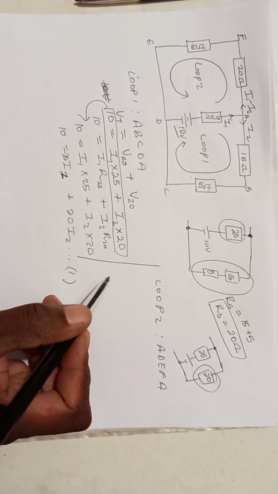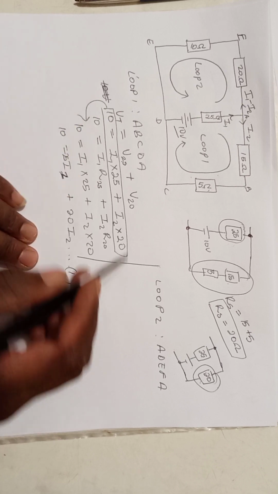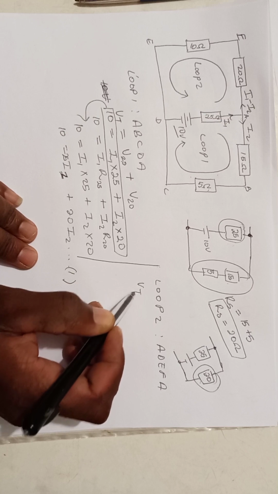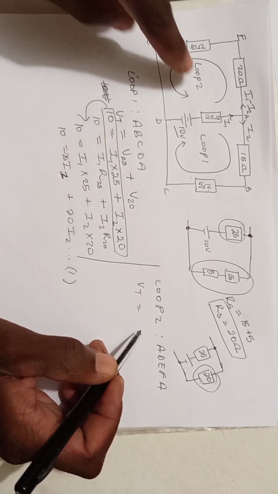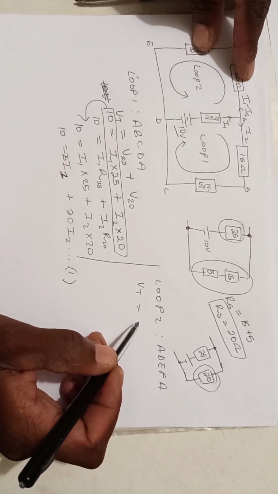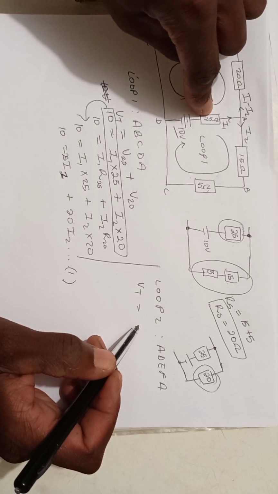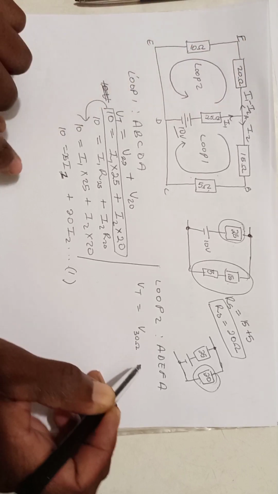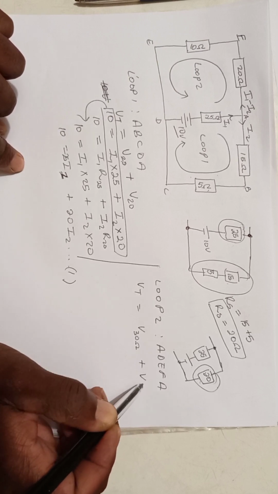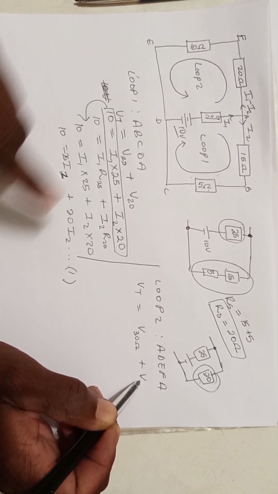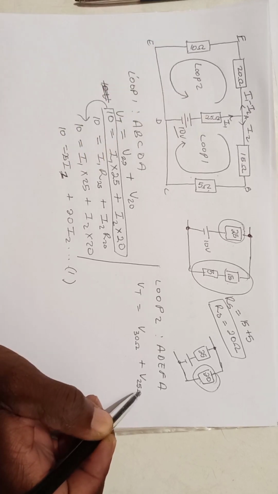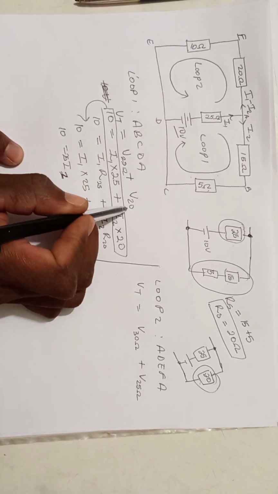We then know again that Vt will be equal to the voltage across this 30 ohm resistor plus the voltage across this 25 ohm resistor. It doesn't matter which one you start with, because we are only adding. If you want to, you can put ohms here.